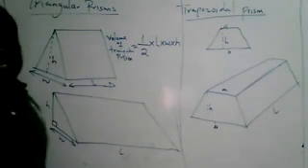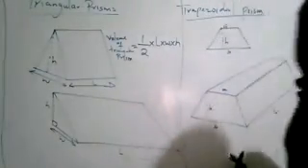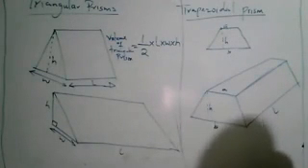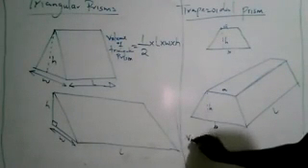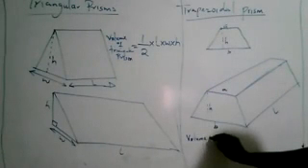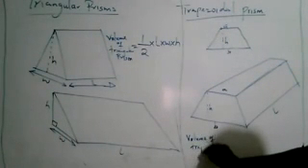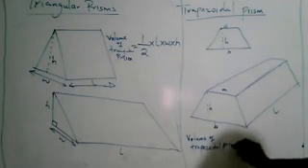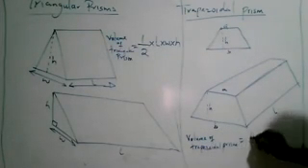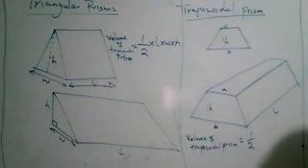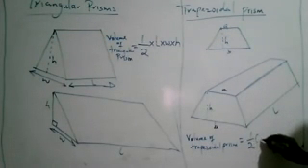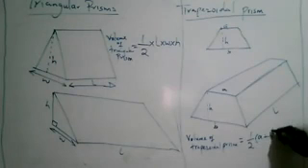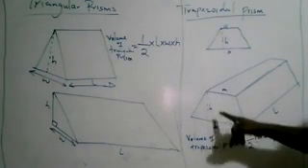Now, in the case of this trapezium, the volume of the trapezoidal prism is given as 1 all over 2, that is half, open bracket A plus B. So you have the value of this and the value of this.